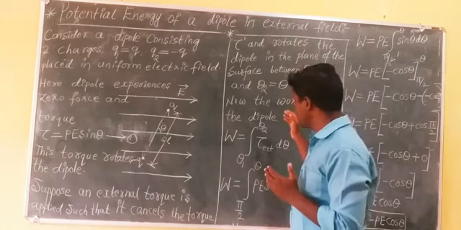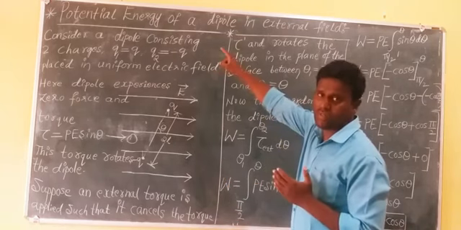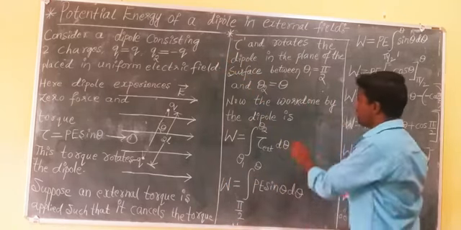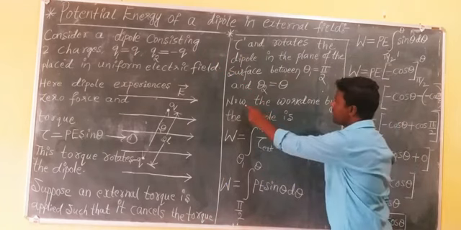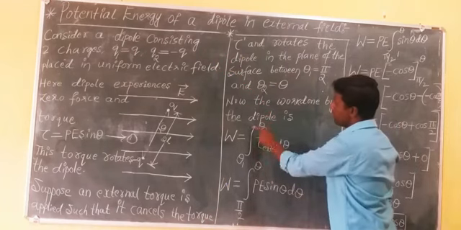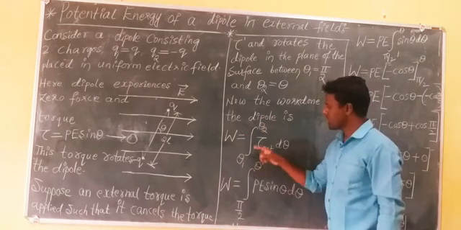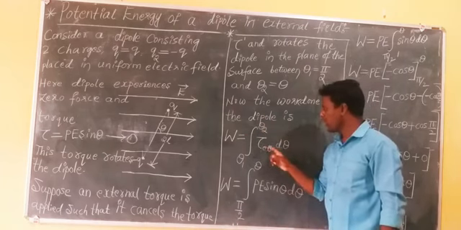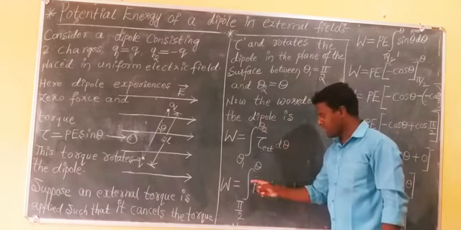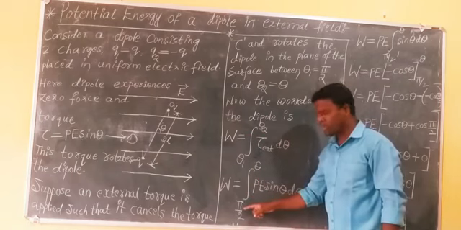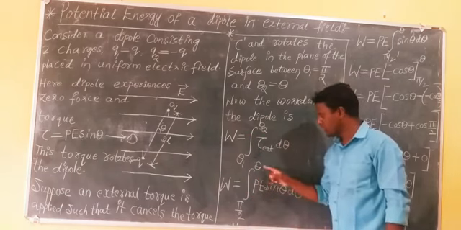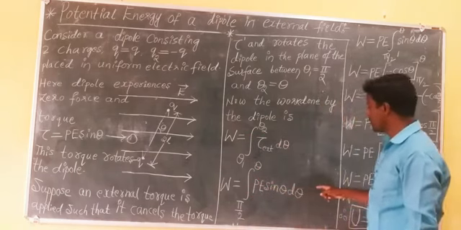That work done is itself the potential energy of the dipole. So W equals integration from theta 1 to theta 2 of tau external d theta, with theta 1 equals pi by 2 and theta 2 equals theta, PE sin theta d theta.